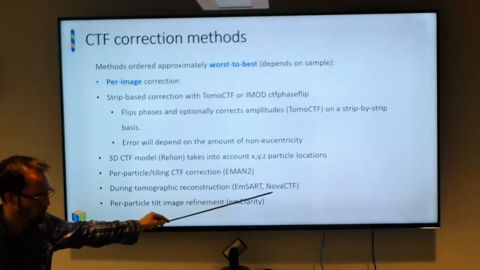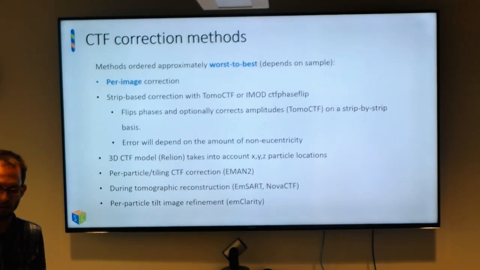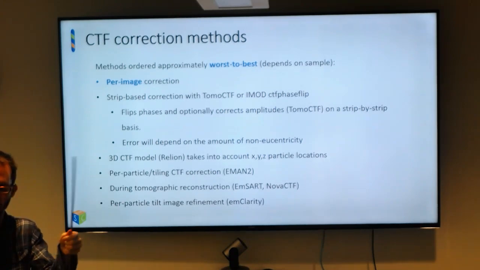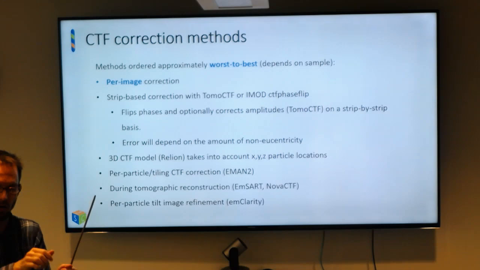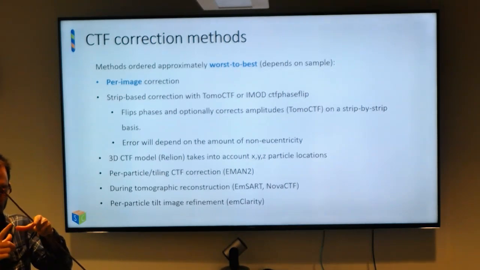The most successful is Nova CTF, where it takes the tilt series and makes multiple different copies of the tilt series with different defocus corrections. Then it decides, based on the location of your objects in 3D, which different defocus tilt image to use in that part of the reconstruction.